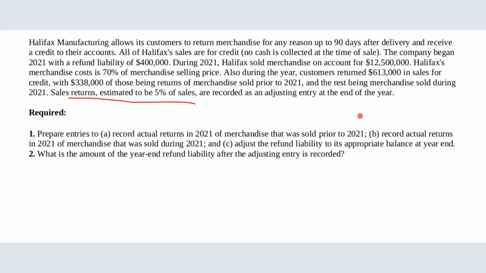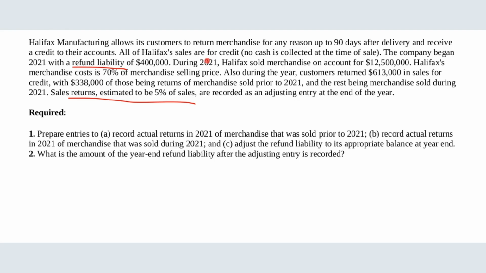So how are we going to deal with this? We said that in estimating our sales returns, we're going to be using a liability account called refund liability, okay? And the company began in 2021 with a refund liability of $400,000. That means that the beginning balance of this liability was $400,000. This $400,000 belongs to estimates that were done prior to 2021.